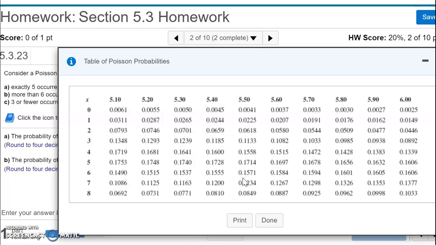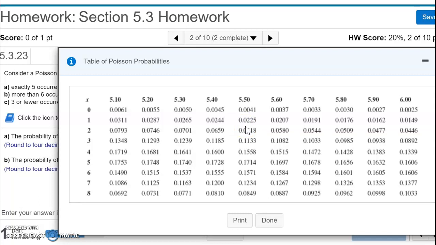0.1571, 0.1714, 0.1558, 0.1133, 0.0618, 0.0225, and 0.0041.